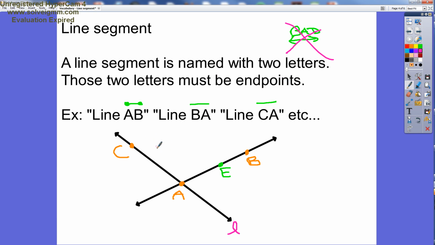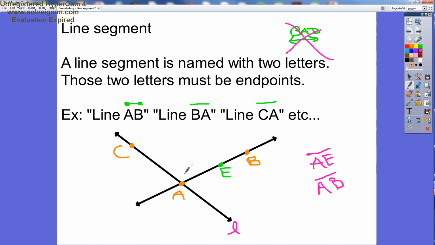So the other key is if I call something segment AE. Last time when we did that, segment AE was the same as segment AB, right? Because they're both on the same line. It doesn't matter what two points we pick.